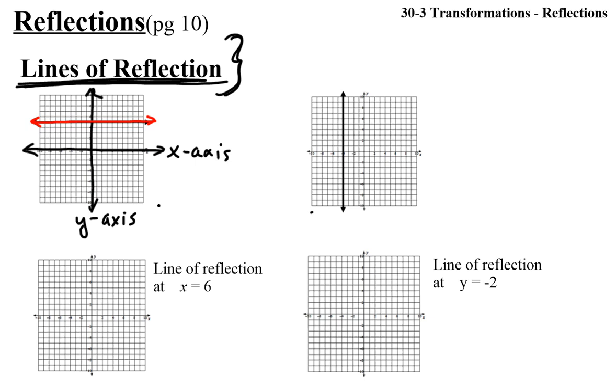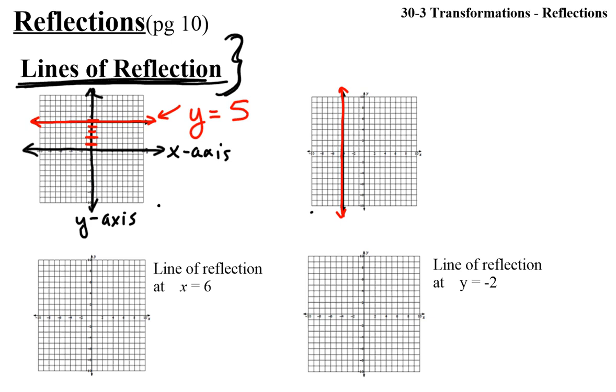Well, this first case, and then we'll take a look at the second scenario in a second, but we need to be able to identify where that is. When we take a look at this first line of reflection here, we see that it's 1, 2, 3, 4, 5 up, and up is Y. So our line of reflection in this case is saying we want where Y is equal to 5.